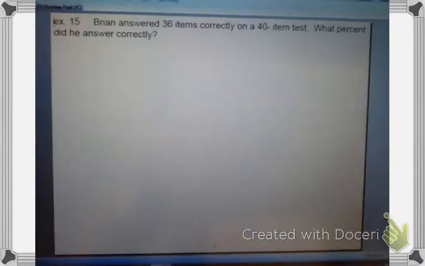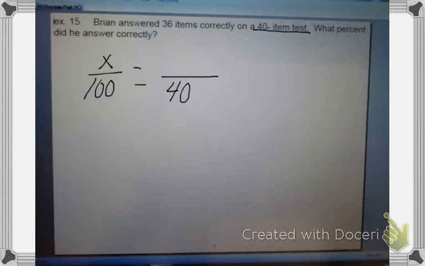Example 15. Brian answered 36 items correctly on a 40-item test. What percent did he answer correctly? Again, we don't know the percent, so I'm going to put x over 100. What is the part and what is the whole? The whole is the 40-item test. The part was how many he got correctly, which was 36.